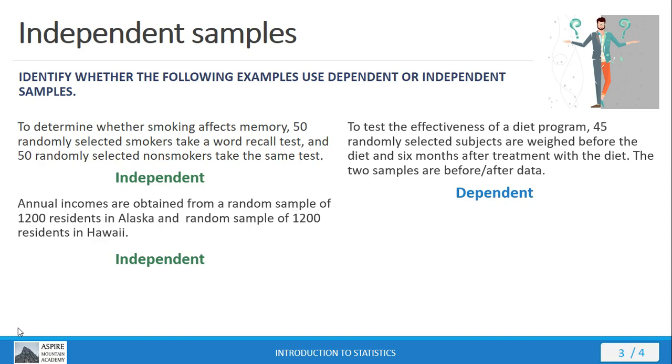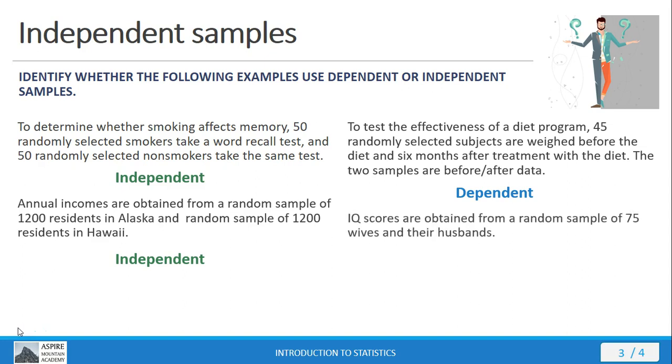There is a unique relationship between every unique data point in the before group and every unique data point in the after group. You can pair them up as being data taken from the same subject. For every subject that gave before data, that same subject gave after data. It's that connection that you can use to match data values from each of the different groups, and therefore you have dependent samples.